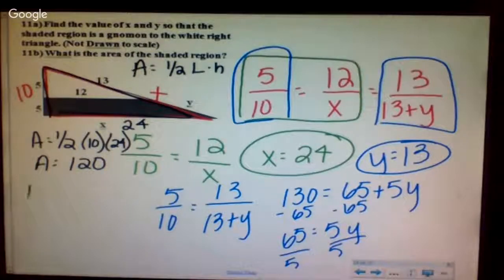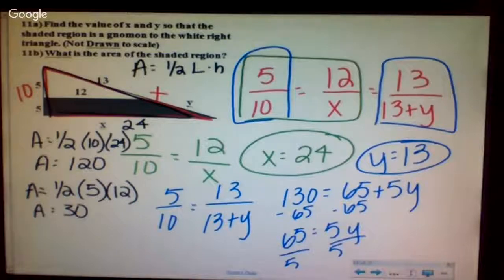Okay, the area of my small one is 1/2 times 5 times 12. 30. Your height was 5, your length was 12. So if my big one's 120, my little one's 30, that's 90. That means the shaded region is 90.